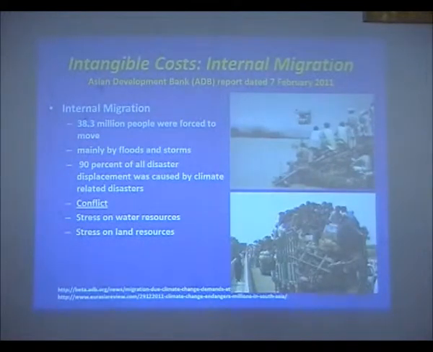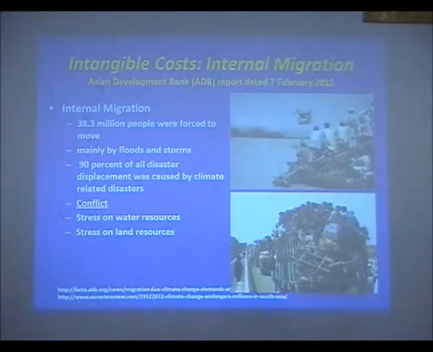Intangible cost. There is, you can see, internal migration. This is based on an Asian Development Bank study report, generated here in February 2011. This report from ADB is going to be released very shortly. It's still not released yet, but they have put advanced copies on the internet.